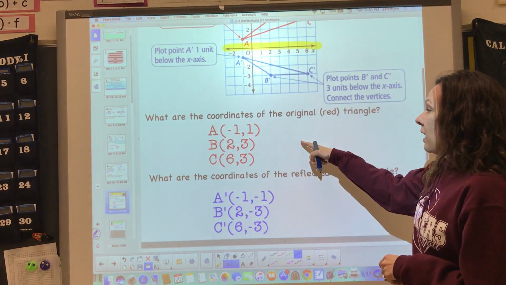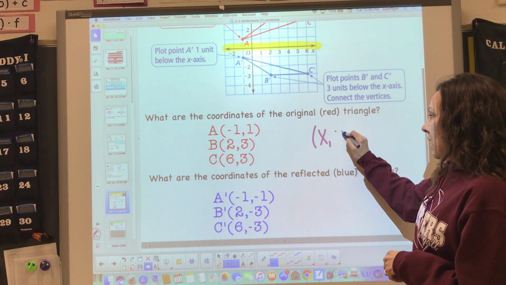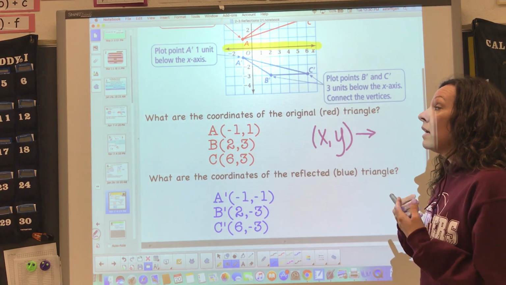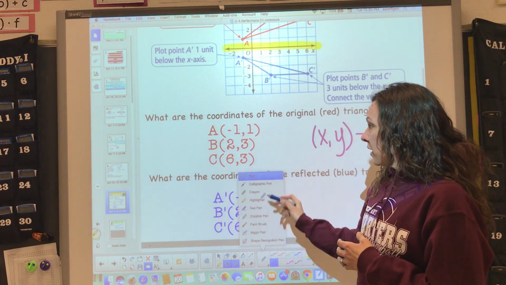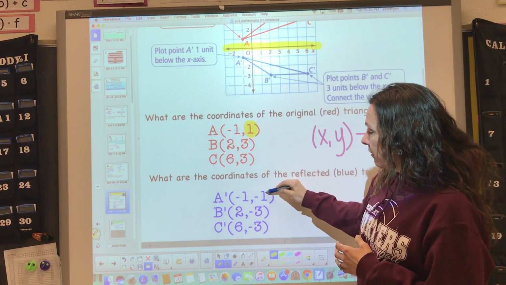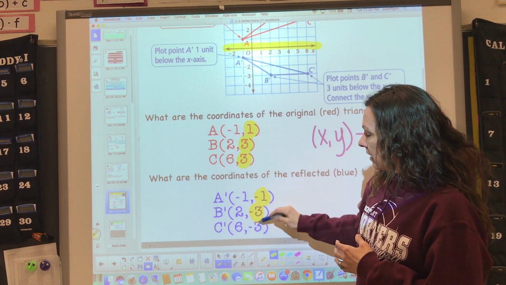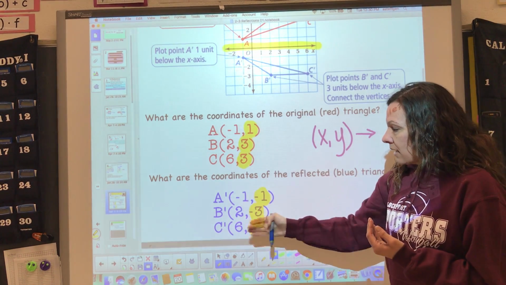All right, so in my red figure here, my point was x, y. If I'm going to flip it over my x-axis, look what happens to all of my y coordinates. Here, it was positive, now it's negative. Positive, negative, positive, negative. It becomes the opposite. All of my x's stay the same.